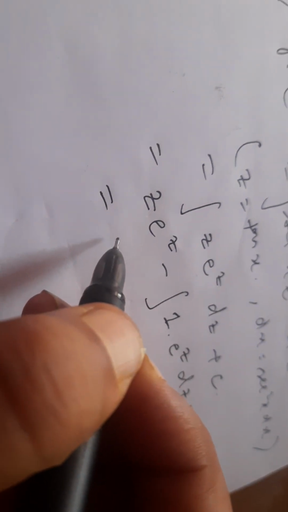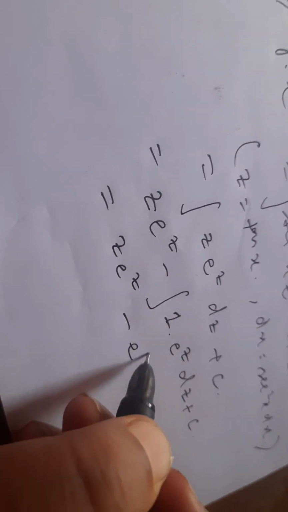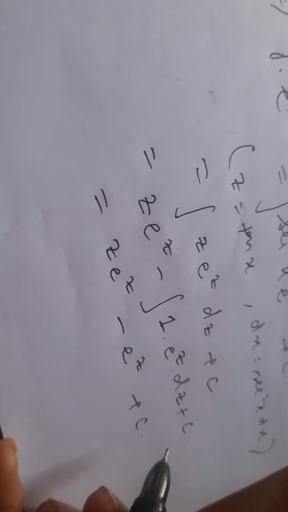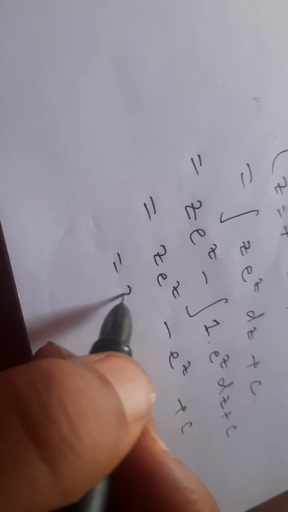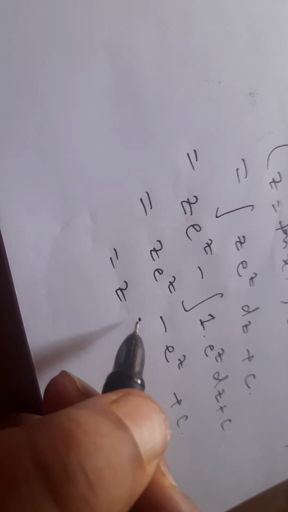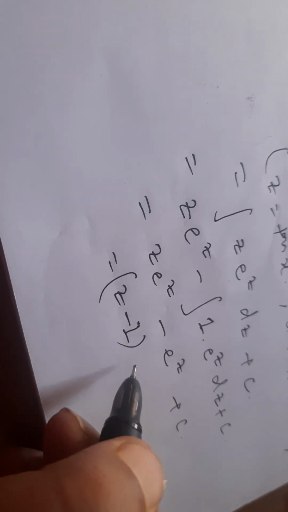This equals z e to the power z minus e to the power z plus c. This equals z minus 1 into e to the power z plus c. And if we put back the values of x, we will get tan x minus 1 into e to the power tan x plus c.